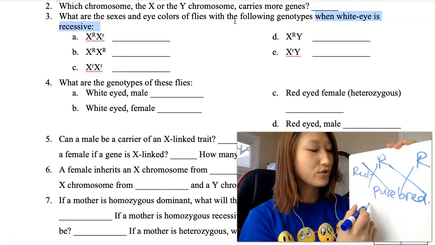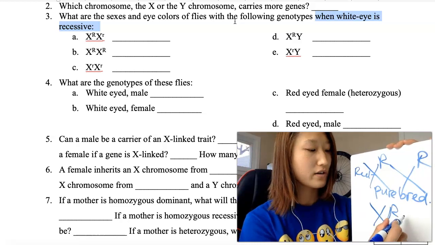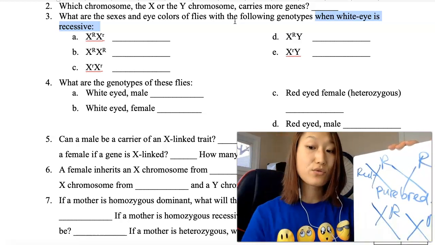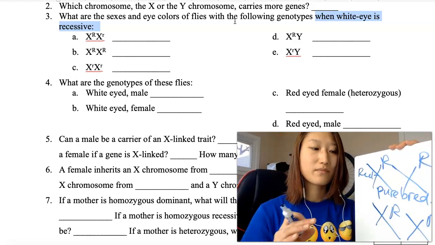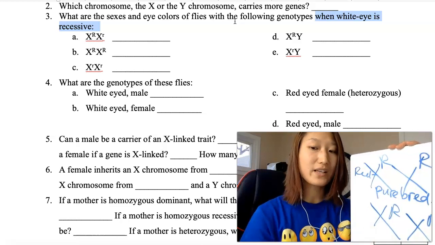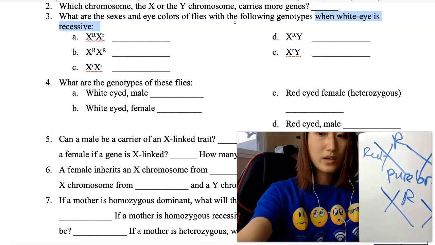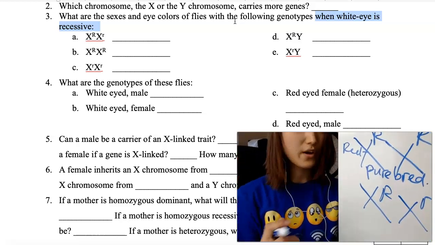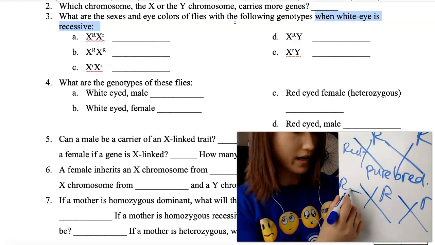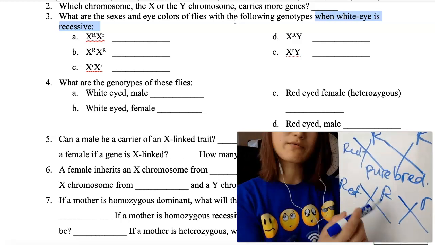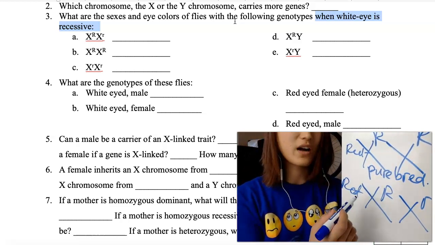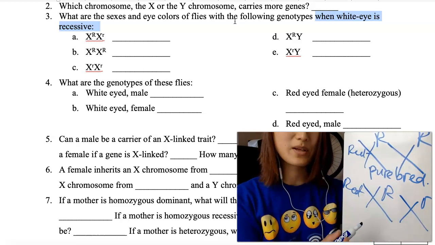The other two possibilities are X big R, X little r, because you have two X chromosomes, you can have one dominant and one recessive. So if you have X big R and X little r, that's going to give you red eye as well, because if you had a dominant allele and a recessive allele, the dominant is going to cover out the recessive, so you'll still show the dominant trait.